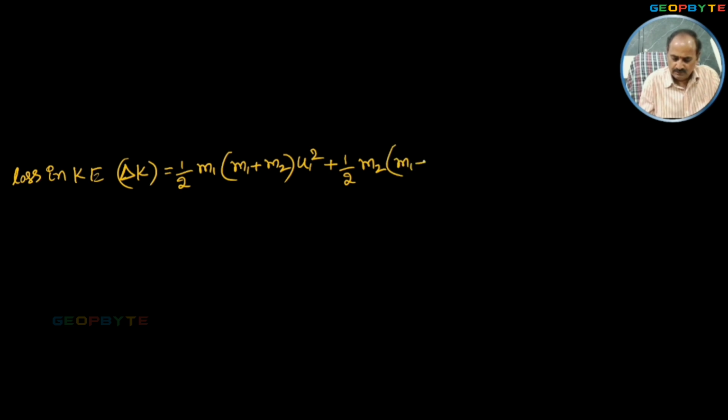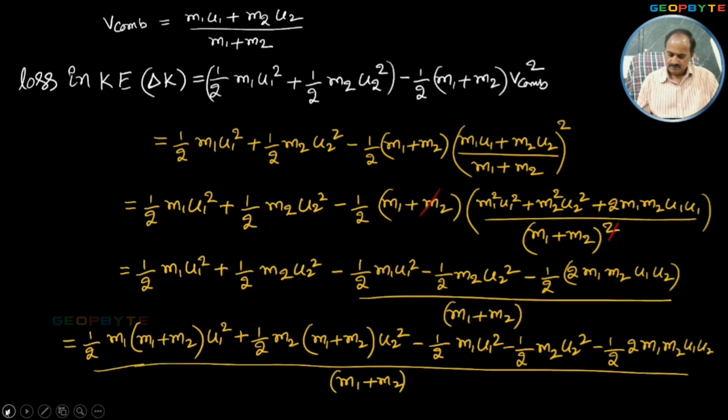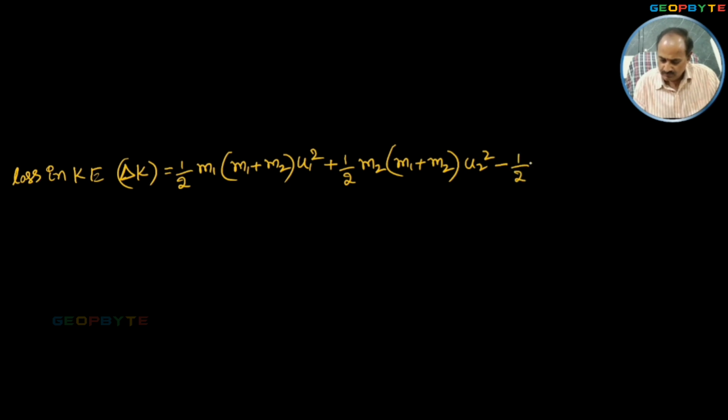Loss in kinetic energy, delta K, equals half m1 into m1 plus m2 into u1 square plus half into m2 into m1 plus m2 into u2 square minus half m1 u1 square minus half m2 u2 square.